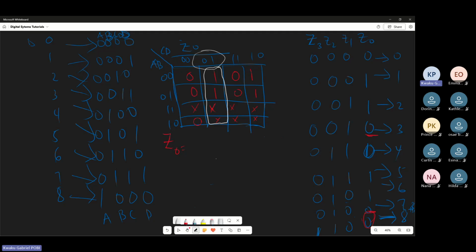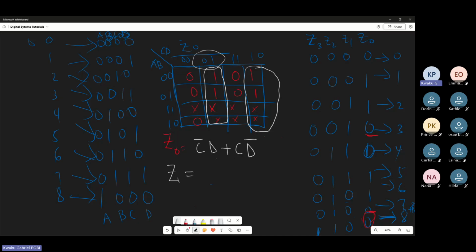We'll just focus on these 2, which are not changing, which is supposed to be C bar because it's 0, and then D because it's high. And then another one we can get here is this one. Here too, A and B are changing throughout, but C and D are maintaining as what? C being high and D being low. So C, D bar.